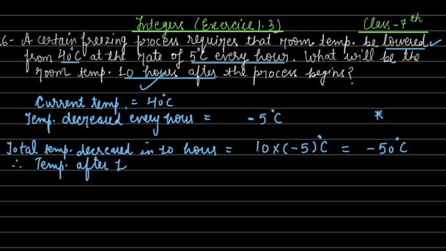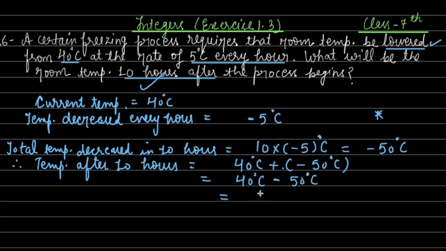Therefore, the temperature after 10 hours will be the sum of 40 degrees Celsius plus minus 50 degrees Celsius. Let's open the bracket. 40 degrees plus and minus will be minus 50 degrees Celsius. Opposite integers are subtracted with the sign of the greater number. So the greater number is 50 and it is a negative integer, so minus 10 degrees Celsius.